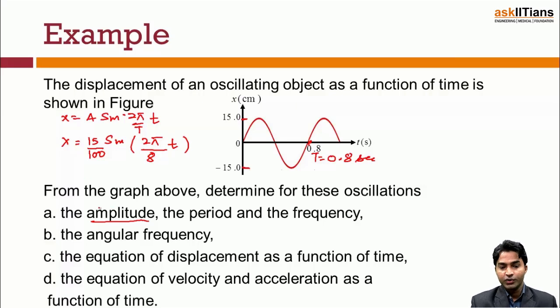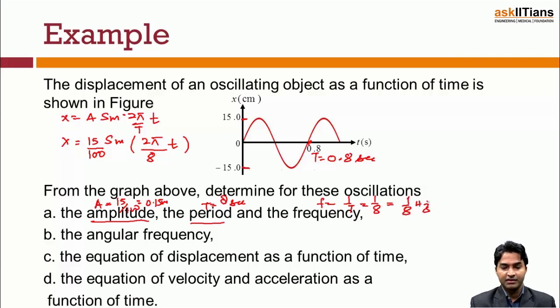So on comparing the equation, we are getting amplitude is equal to 15 by 100, that is equal to 0.15 meter. The period is given as T equal to 8 seconds, and frequency is always 1 by capital T, that is equal to 1 by 8 hertz.